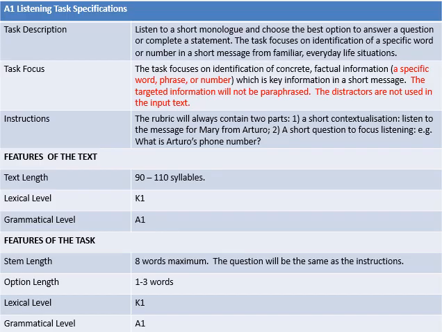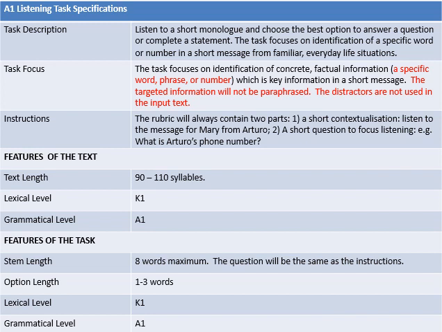So let's have a quick look at some examples of an A1 task specification. Have a look at the task focus, for example. So the A1 listening task is a short monologue and a multiple choice. So the test taker chooses the best option to answer a question or to complete a statement. Now the task focus requires that that information is specific.